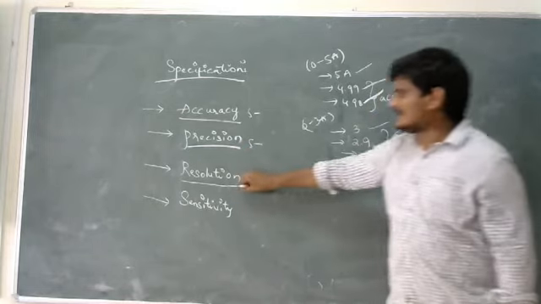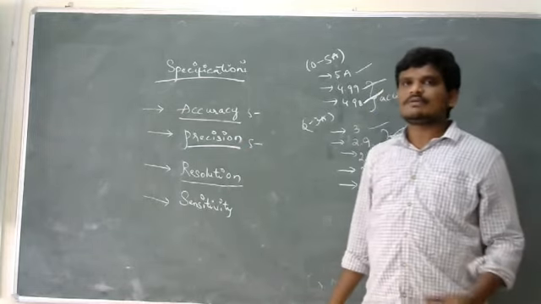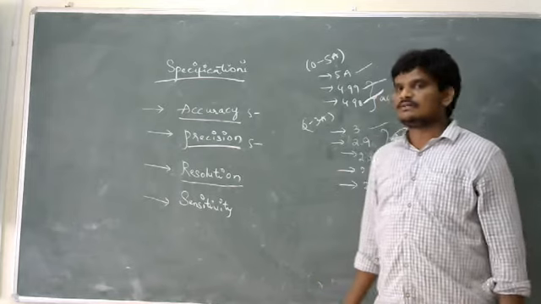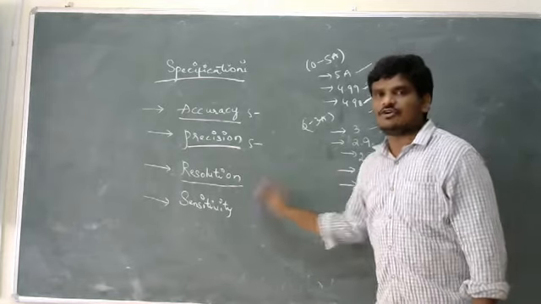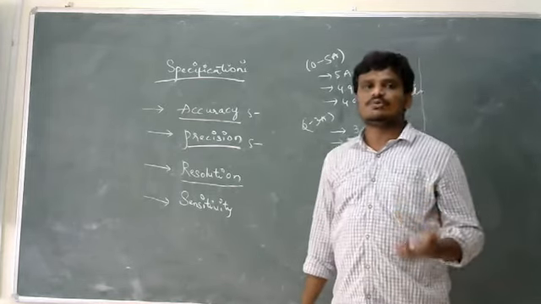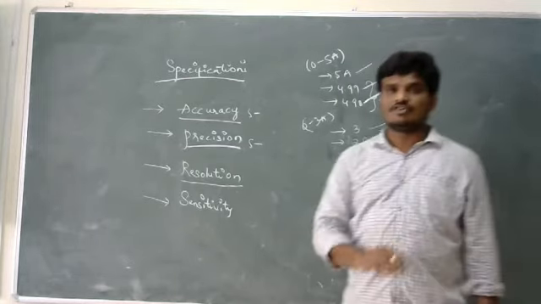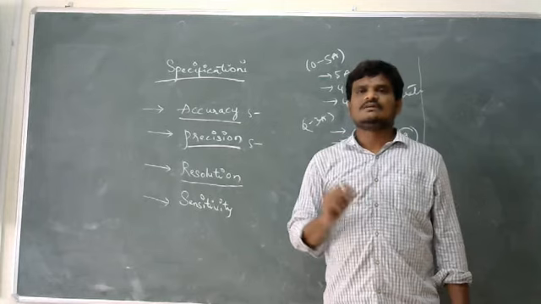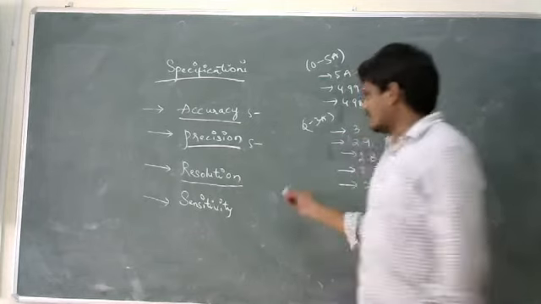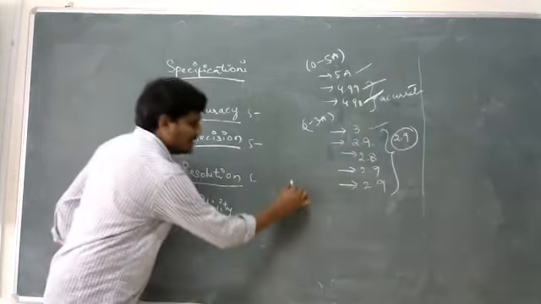Coming to the third factor, resolution. The small change in the output for the given input value is called resolution. I will give a small diagram for this. Let me take a system.